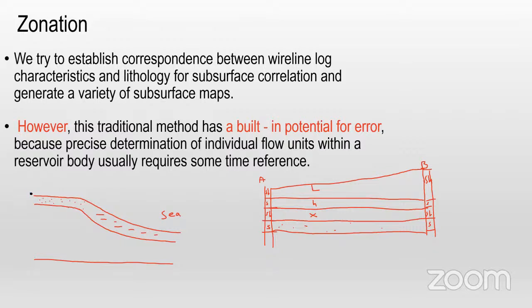So sandstone in this part has high porosity, sandstone in this area has medium porosity, and the shale has no effective porosity. So at the same time, we have sandstone with high porosity, moderate porosity, and shale in one area. So we must connect, but they actually create just one group. They are connected to each other.